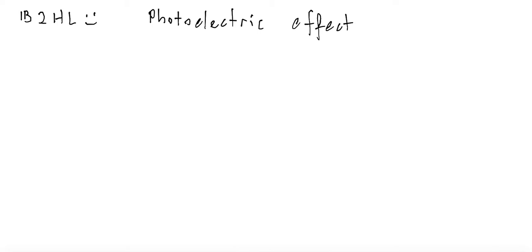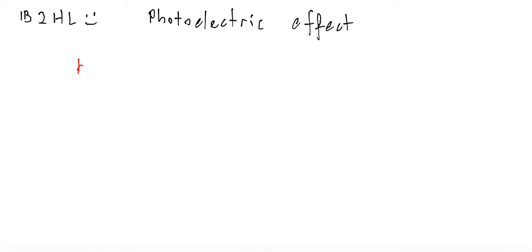We are talking about the photoelectric effect. This photoelectric effect is emission of electrons from the surface of the metal when it is illuminated by light which has enough frequency, enough energy. You know that the photoelectric effect occurs only when light has a frequency bigger than a certain frequency called threshold frequency or critical frequency.